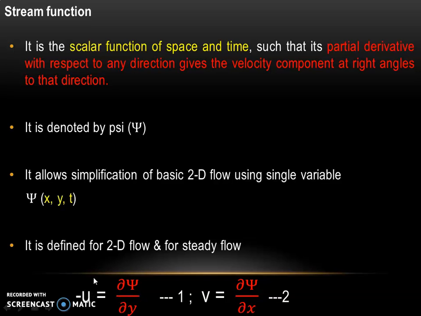Hence, we can see from this equation that the partial derivative of psi with respect to direction y will give us the velocity component along x direction. Similarly, the partial derivative of psi with respect to direction x will give us the velocity component, that is v, which is along y direction.